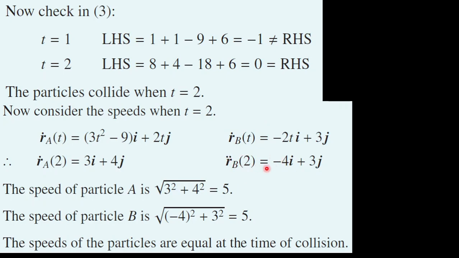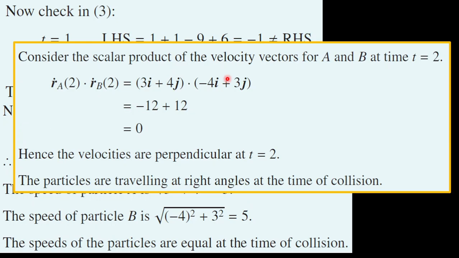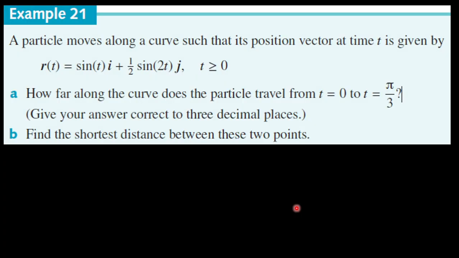It's actually the velocity for particle B. You will do a dot product or a scalar product of those two. You evaluate it and simplify that equals 0. Then you can conclude, as you write a sentence, the particles are traveling at a right angle at the time of the collision. You use t equals 2 for that.